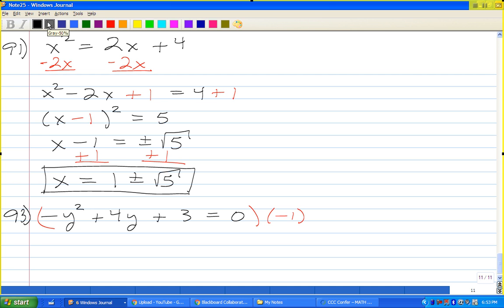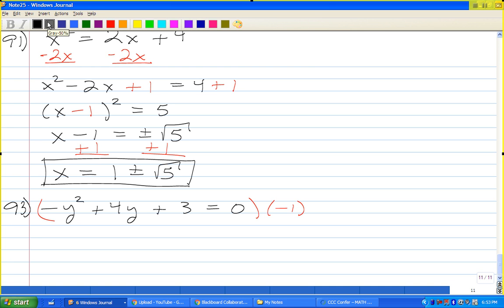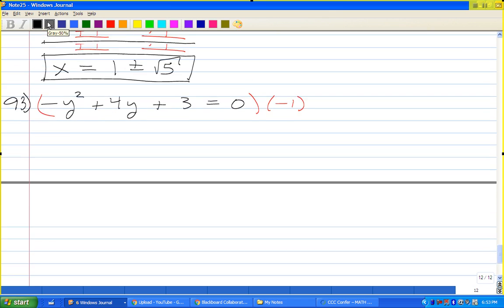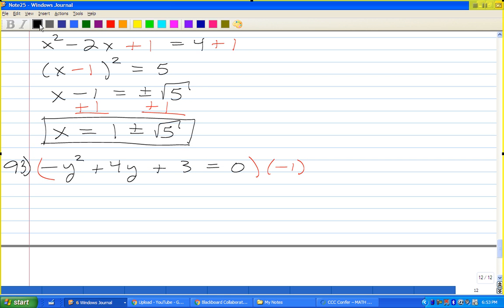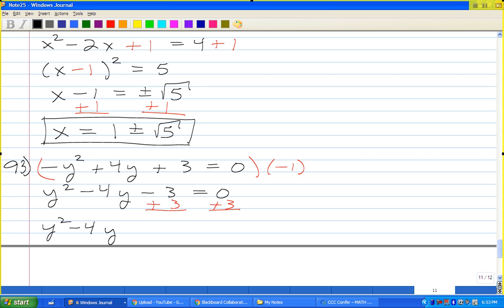Then there'll be a 1 in front of the y squared. And that'll just make this calculation a little bit easier. And so I have y squared minus 4y minus 3 equals 0. Add 3 to both sides of my equation. So I have y squared minus 4y is equal to 3.